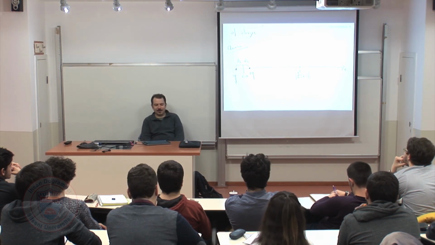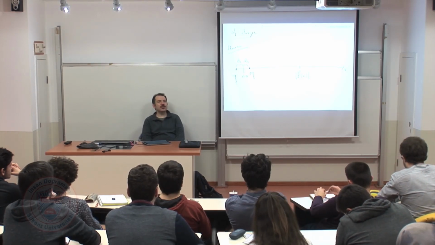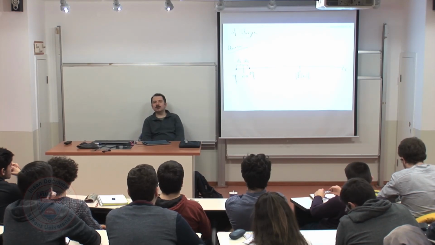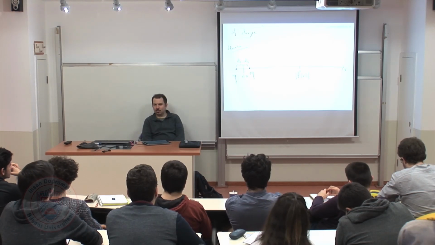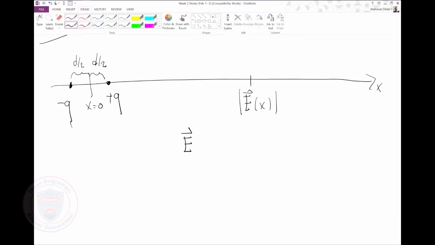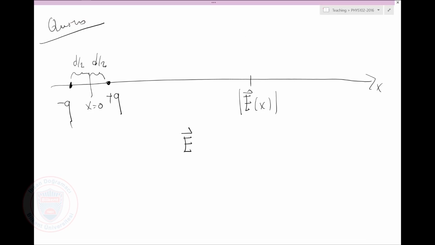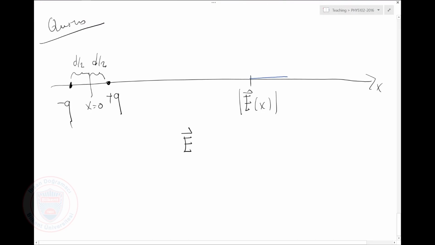Now, this is pretty simple, right? If I have more than one point charge, how do I find the total electric field? I just find the electric field of both charges and do a vector addition, right? So here is what I would write. Electric field has two components. First, I'll have the electric field created by plus Q, E plus.